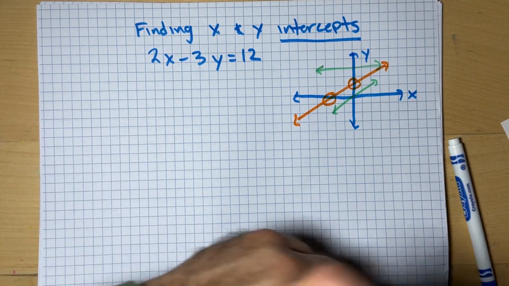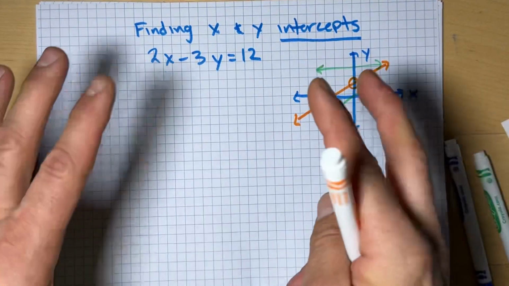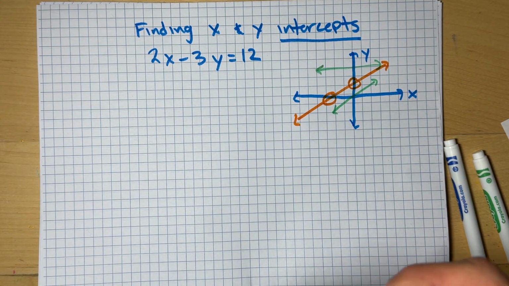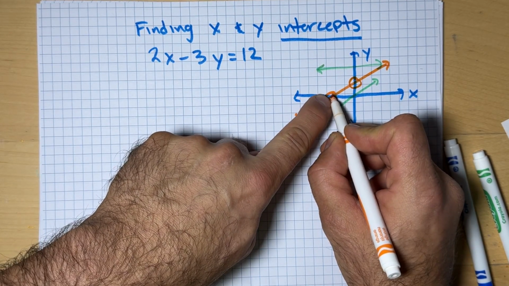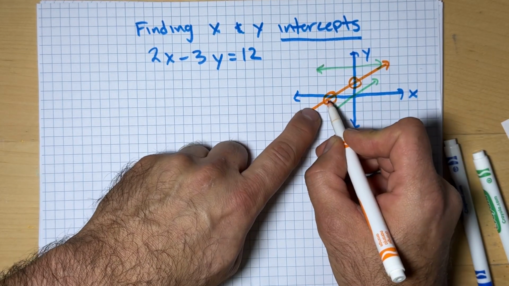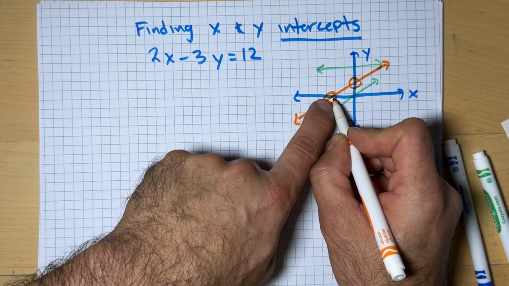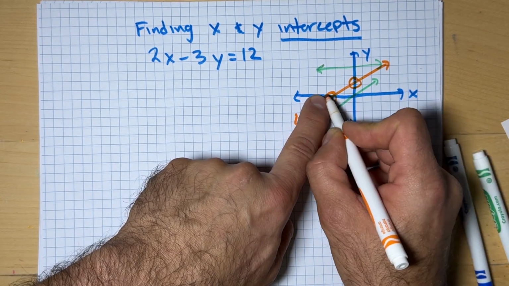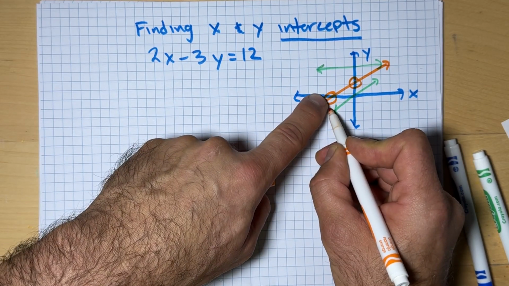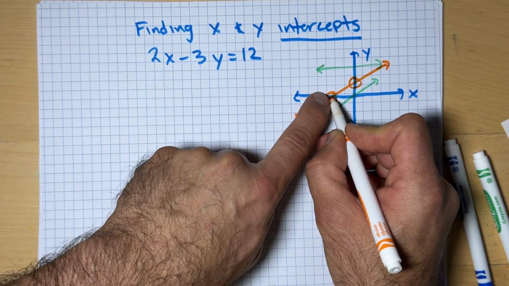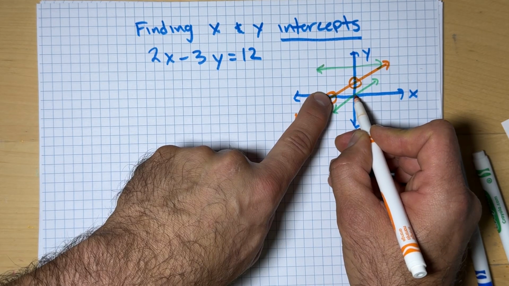So one thing to keep in mind, to understand what we're going to do and make it very simple once we understand it, is that when I have my x-intercept here, y is 0. So let's say that this is negative 2.5. Well, y is 0. If I go up, y is 1. If I go down, y is negative 1. So whenever I'm crossing x street, y is 0.